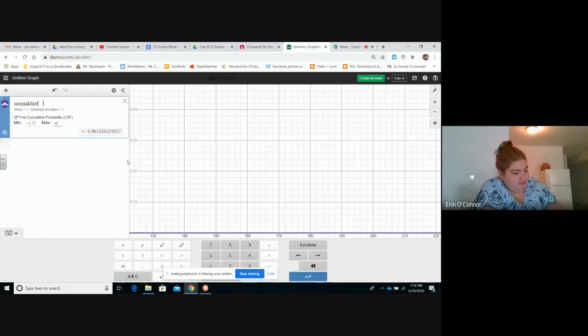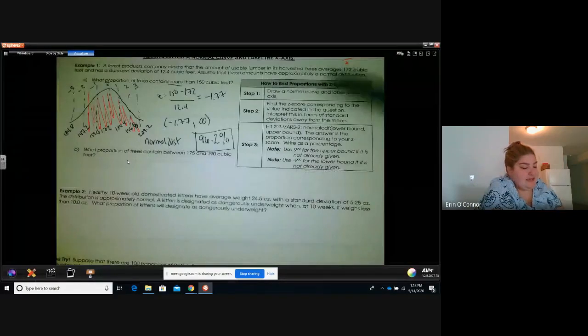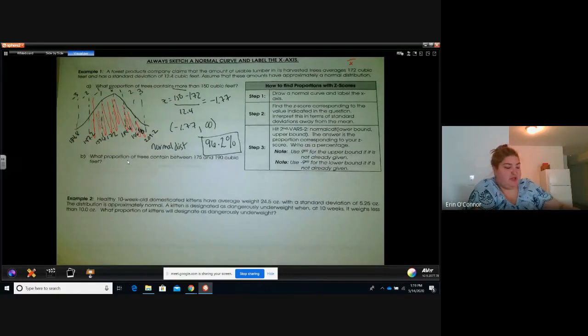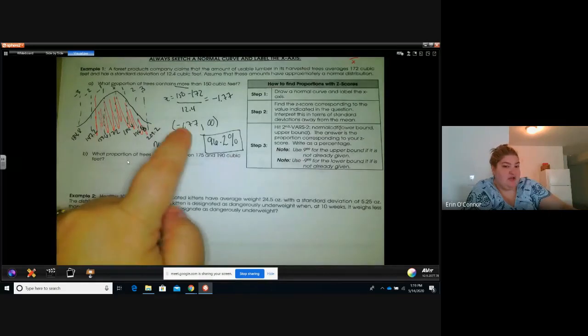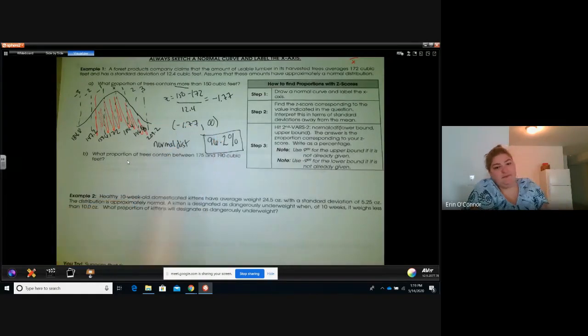So first I move the decimal 2 and then do it, and it would be 96.2%. So that is how I get that. Now these steps right here are for if you're doing it in the yellow calculators, the TI-84s. This is for doing it in Desmos. So you type in normal distribution, and then you use essentially your domain that you want to use.